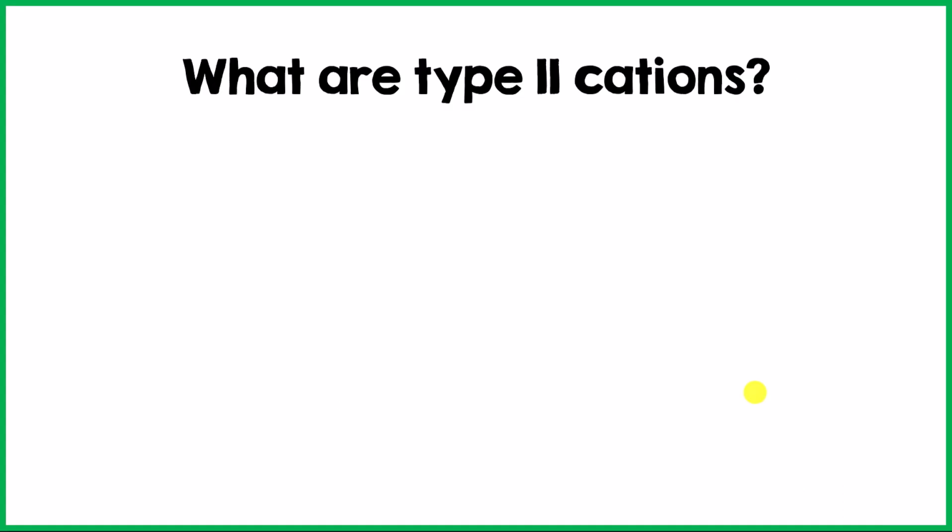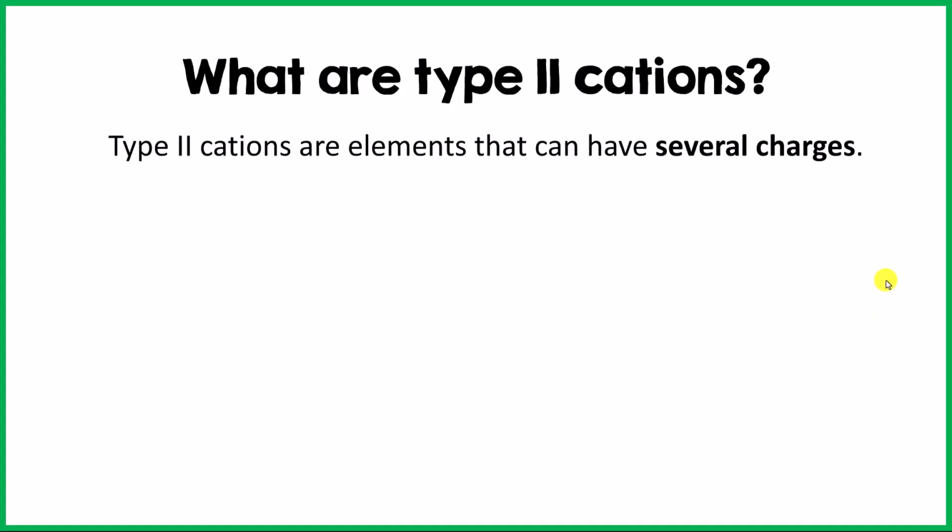But what are type 2 cations? So how do we make this a little bit more complicated if the charges are able to change for some of these cations? Well, type 2 cations are elements that can have several charges. They don't always lose the same number of electrons.